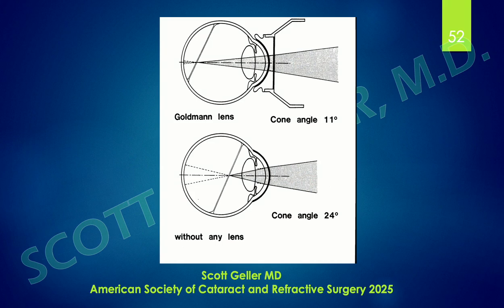What does a Goldmann lens do in the eye? Well, if you make the mistake of using a Goldmann lens, and it's not always a mistake, I'll go over that in a minute, the cone angle on the retina is about 11 degrees. If you don't use a Goldmann lens, there is a point in the anterior vitreous, about a third of the way back, where the cone angle, due to the actual optics of the eye, is 24 degrees.